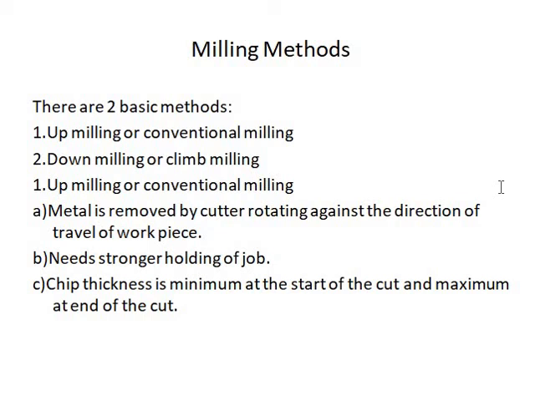Here it needs stronger holding of the job, and chip thickness is minimum at the start of the cut and maximum at the end of the cut. Listen carefully, this is very important while comparing up milling and down milling. See point C: in up milling the chip thickness is minimum at the start of the cut and maximum at the end of the cut, and this varies in down milling.